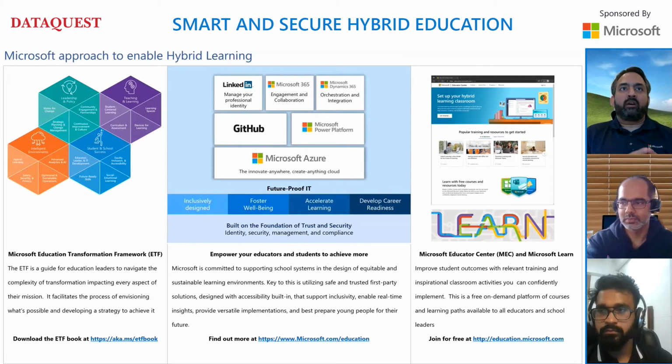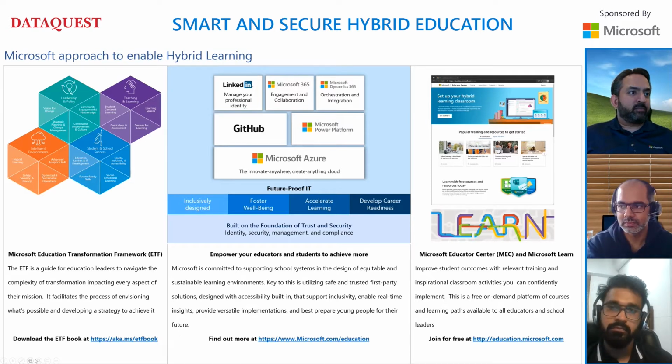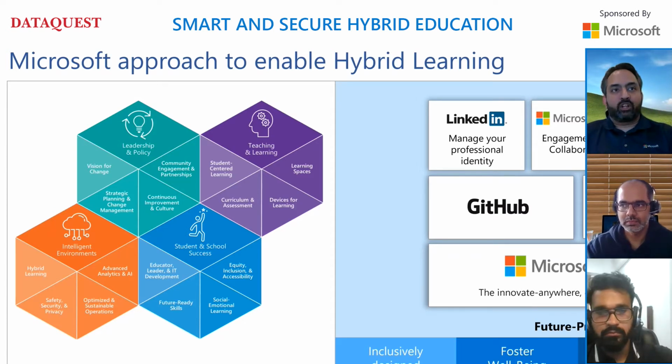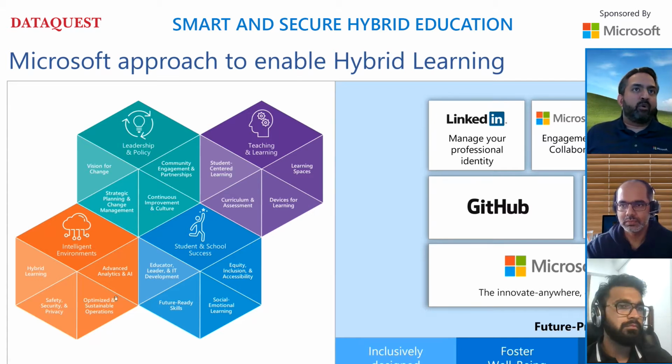Security definitely is one of the components of that conversation, and we can go into each of these areas that you see in the transformation framework. It covers leadership, teaching, student success, intelligent environments, and all those things. Safety, security, and privacy, not just from a physical perspective but also a digital perspective, is one of the components. Today's session is geared more towards that, making sure we have leader IT development happening from a security perspective.